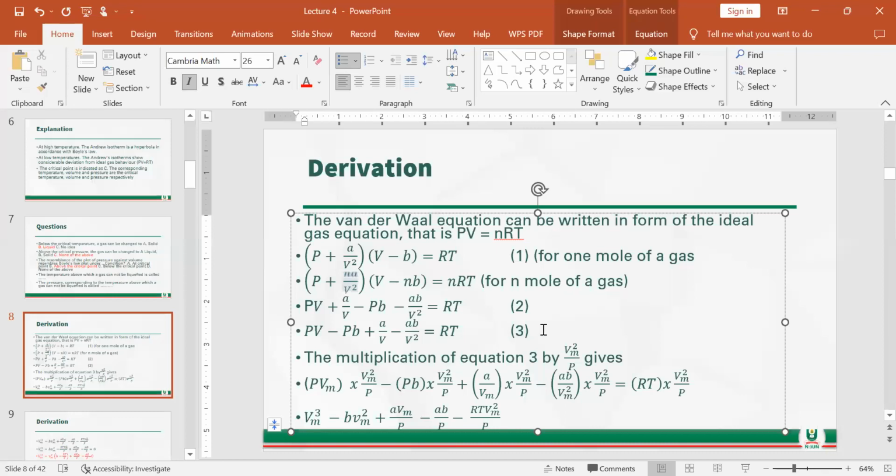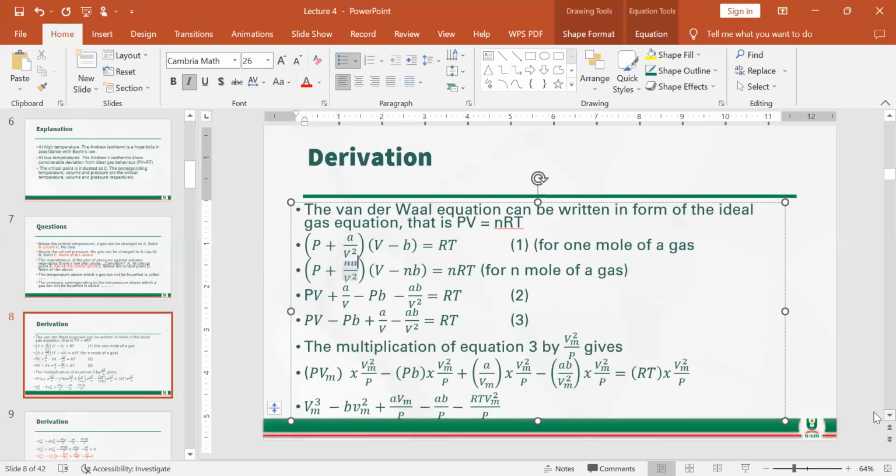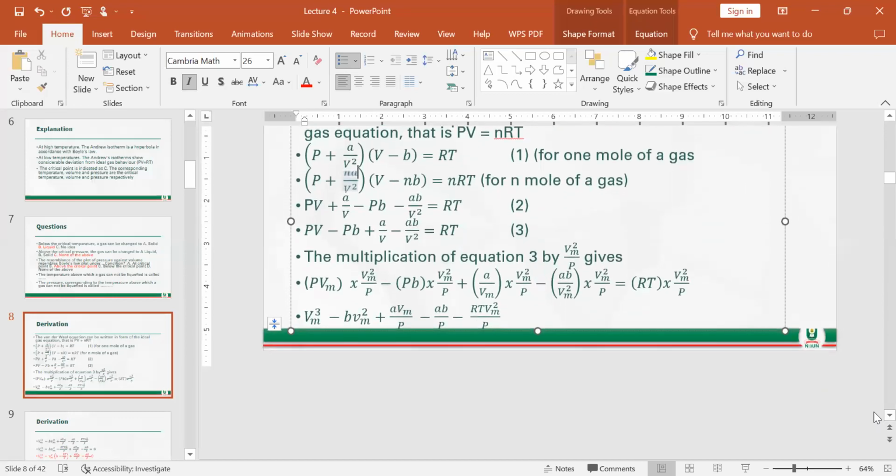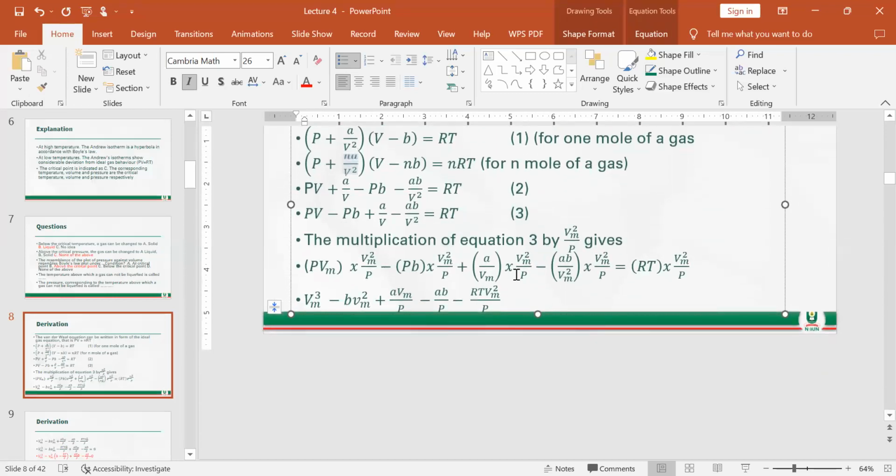That's equation 3. So now if you multiply equation 3 by the square of the molar volume of a gas over pressure, you have the next equation, which can be simplified to this. You don't really need to derive this equation, but it's good for you to know. So this is a cubic equation in the molar volume of a gas.